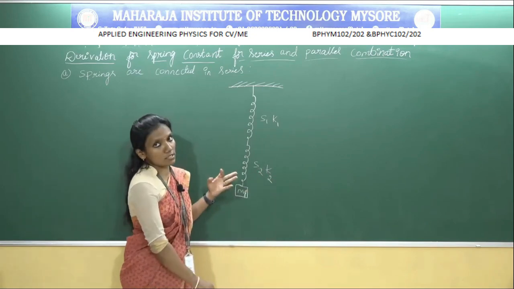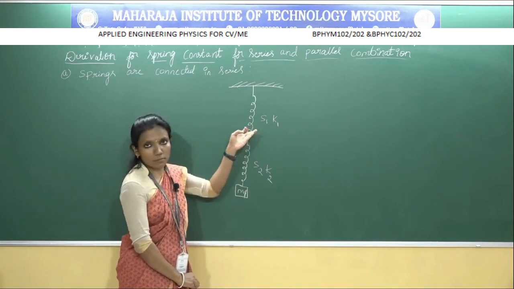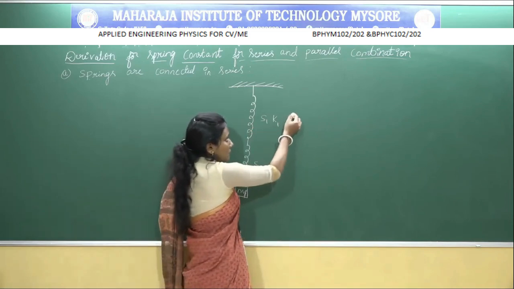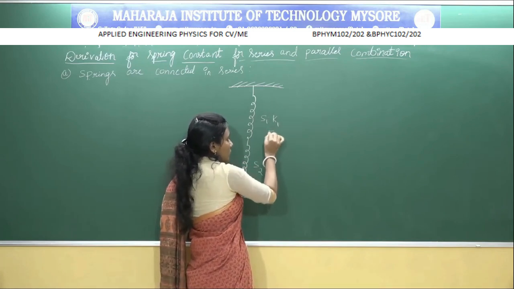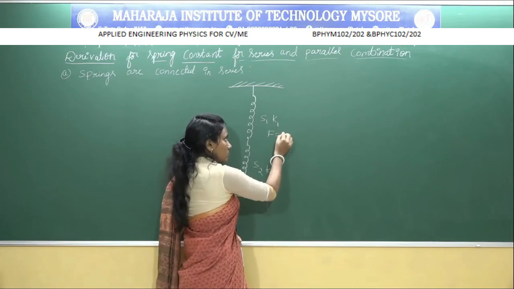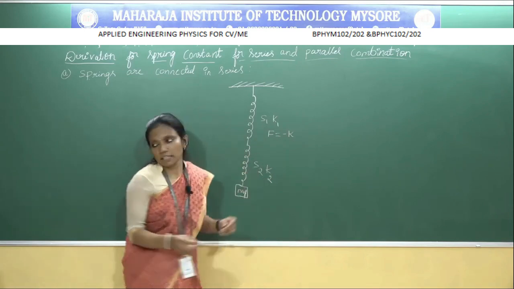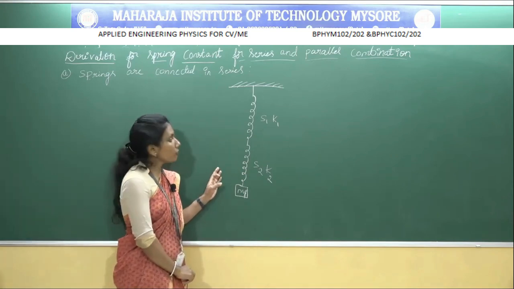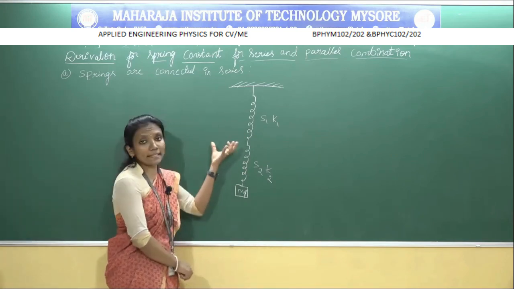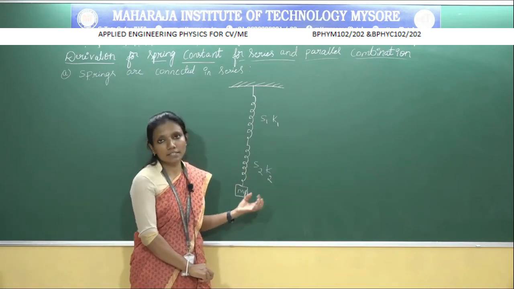Then the force acting on spring S1, let it be F1, is F equal to minus Kx, and the displacement we generally take as x1. When we connect the two springs end to end, the force acting on these springs will be the same.